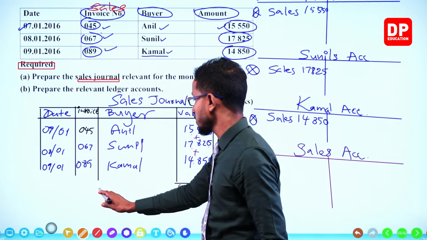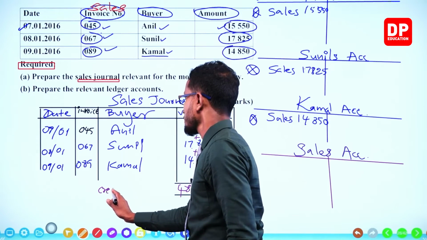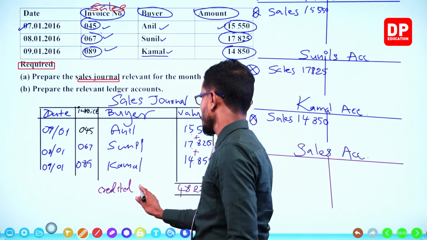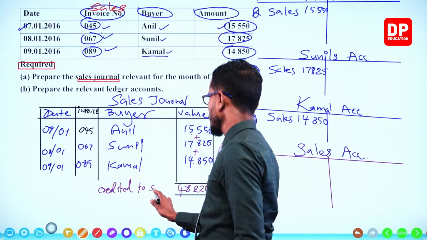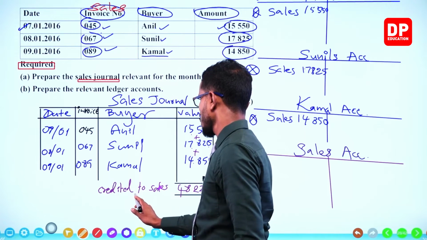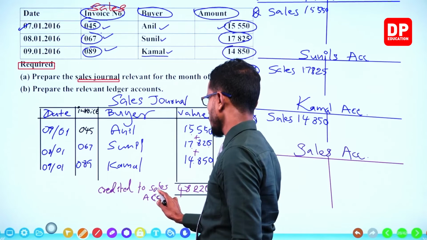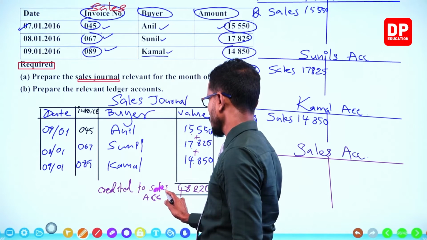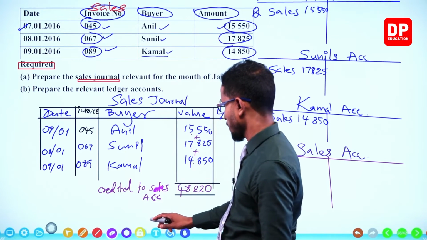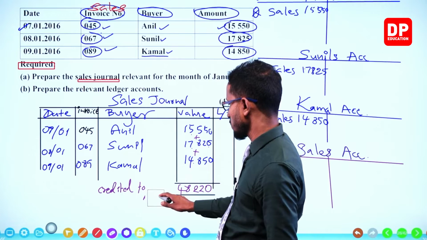Don't forget to write the description for it. Credited to sales account. Don't forget to write this. You will get 1 mark for this. Don't scribble.